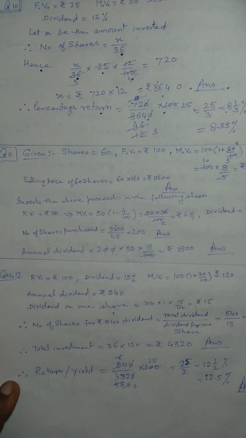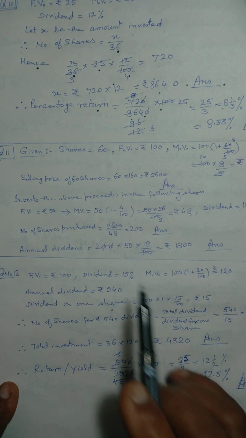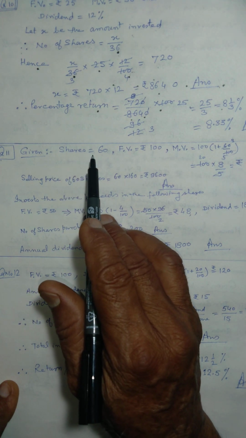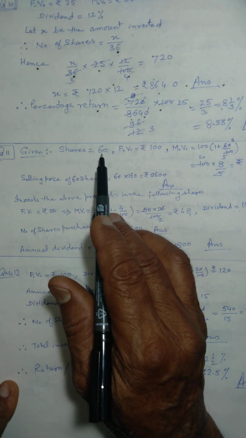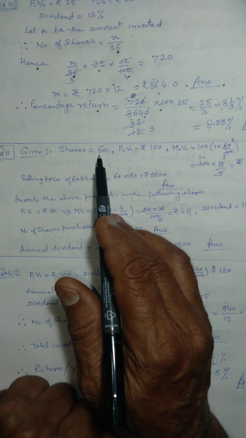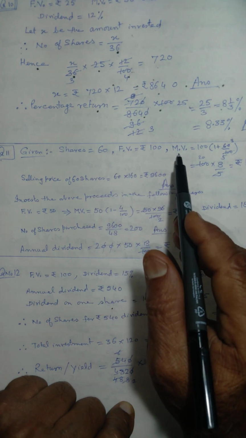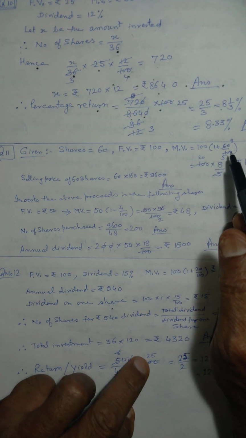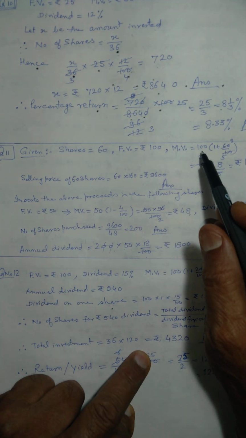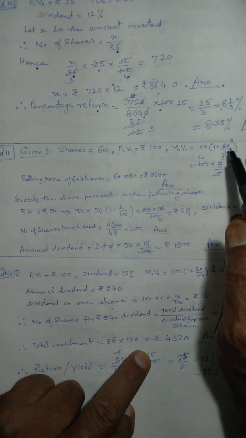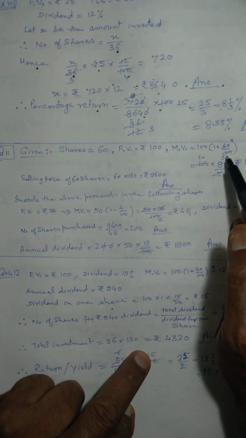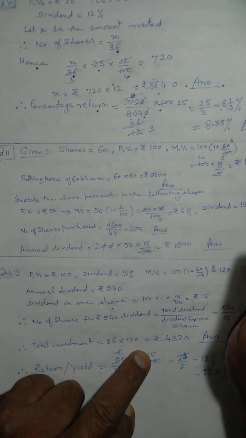Now question number 11. Shares, the number of shares is 60, face value is rupees 100, market value is at 60% premium. So 100 multiplied by, in bracket, 1 plus 60 by 100, solve it, you will get 160.